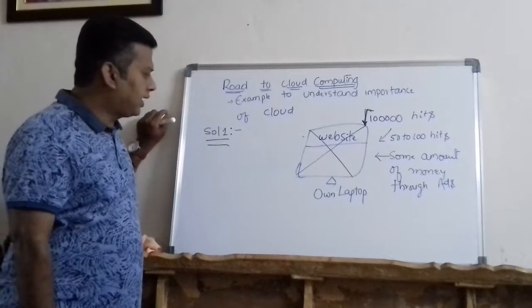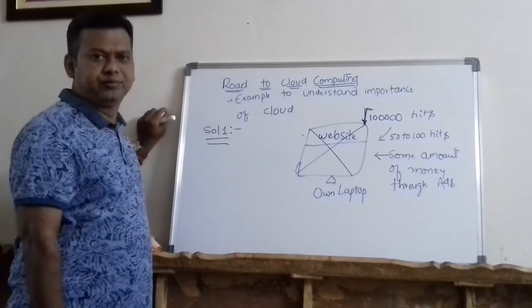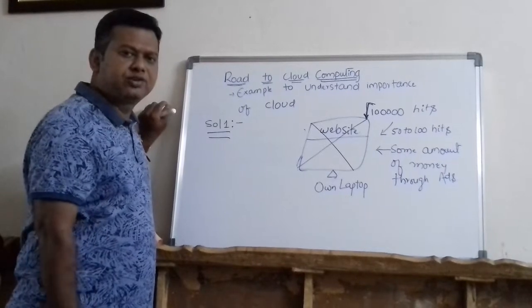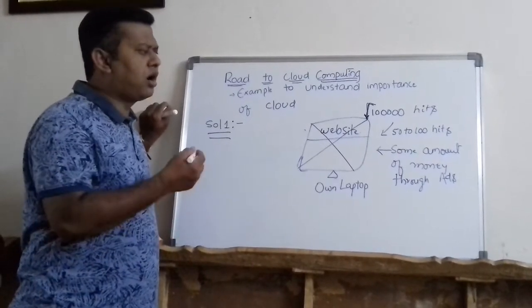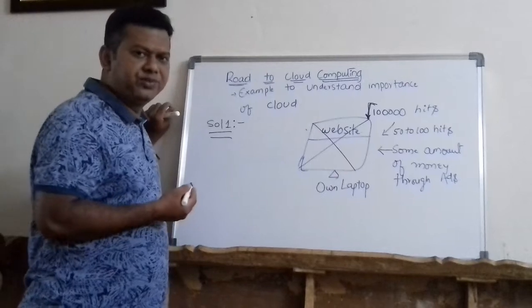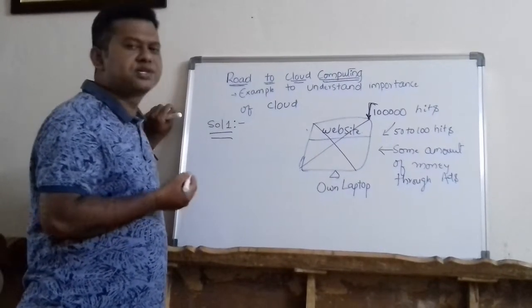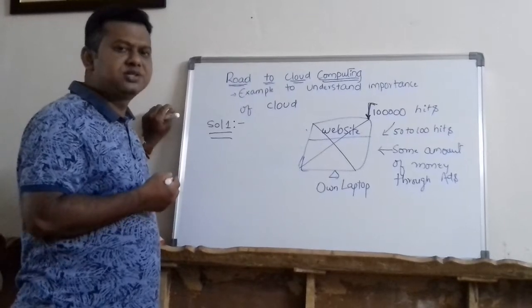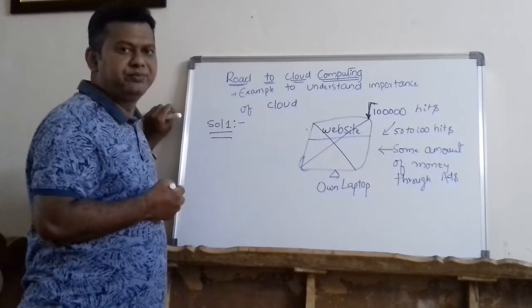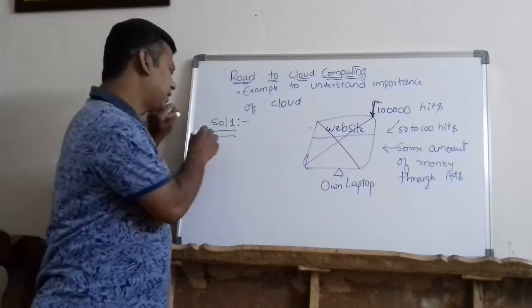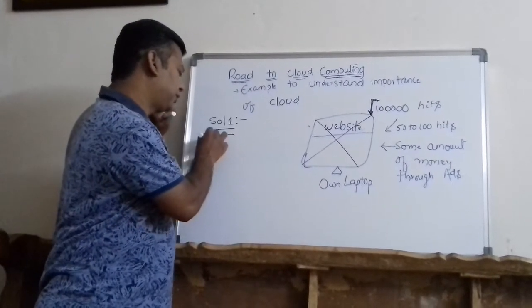So what this student has done is, he took the help of his faculty members and calculated how much RAM he needs if he sees 1 lakh hits, how much processing speed, how much internet bandwidth, and how much storage capacity he needs. All these calculations were done by the student.